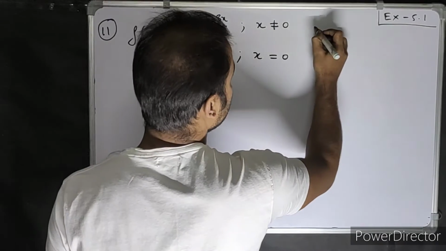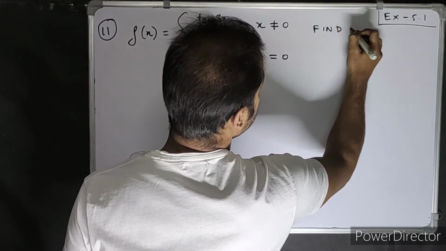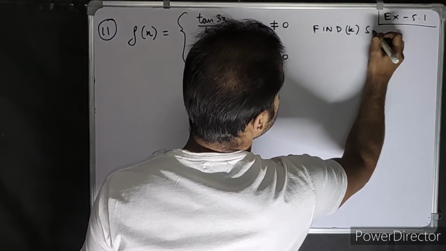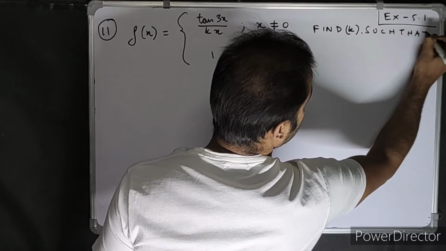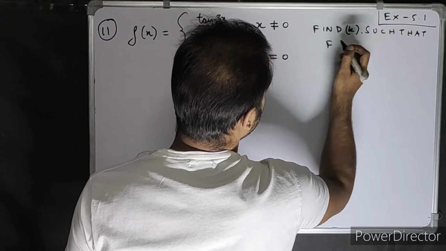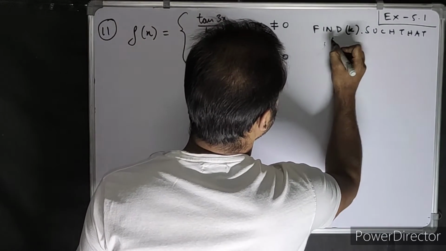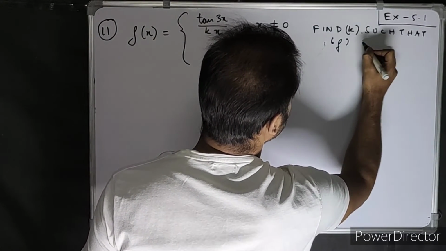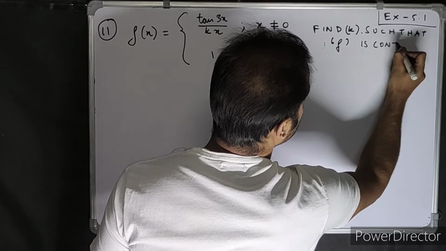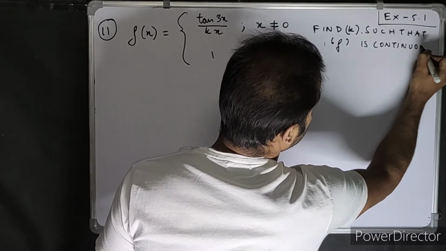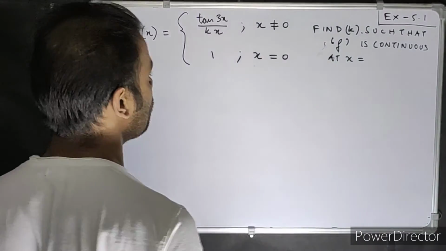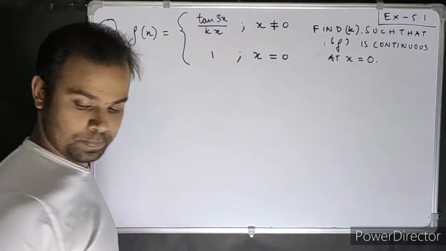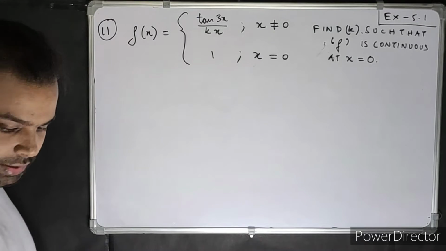Find k such that f, the function, is continuous at x equal to 0.